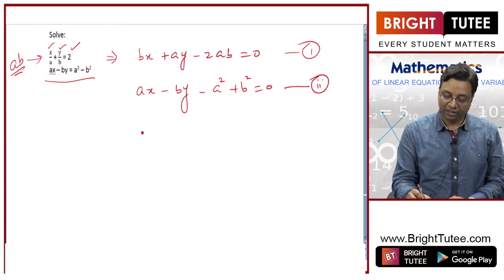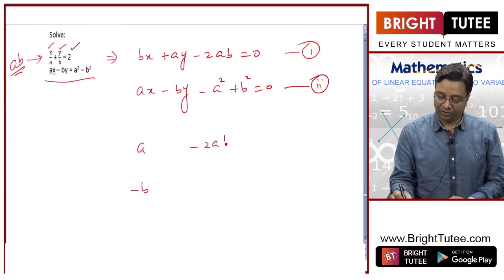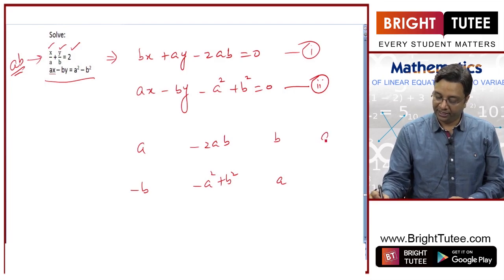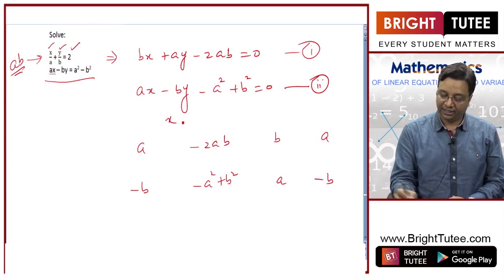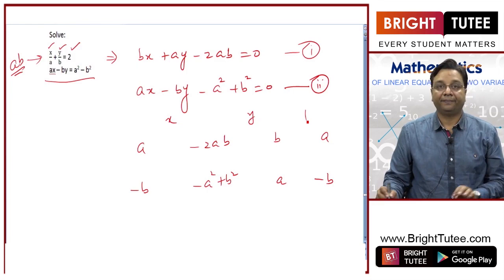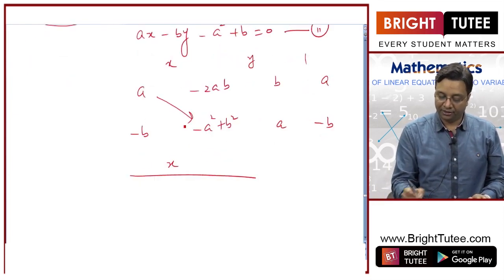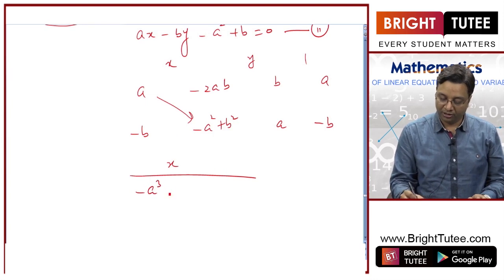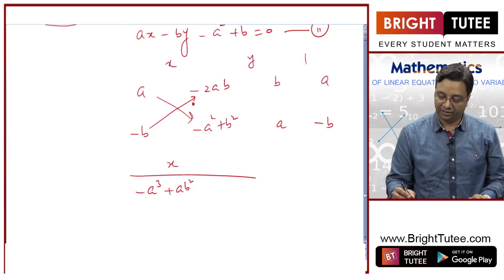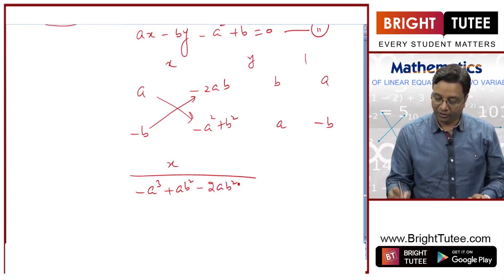To apply cross multiplication method, I will write a, minus b, minus 2ab, minus a square plus b square, b, a, and then a, minus b again, x, y, and 1. So, x divided by this product which is minus a cubed plus ab square, and then I need to subtract this which is 2ab square.